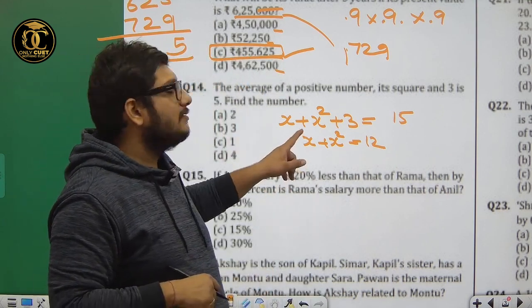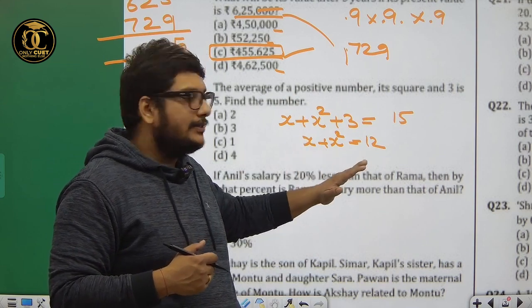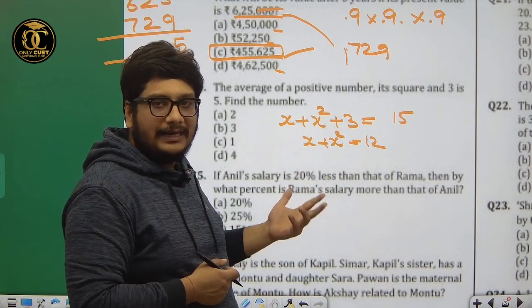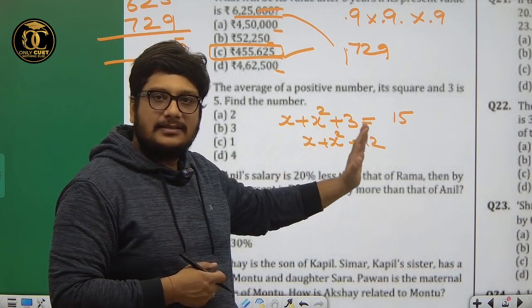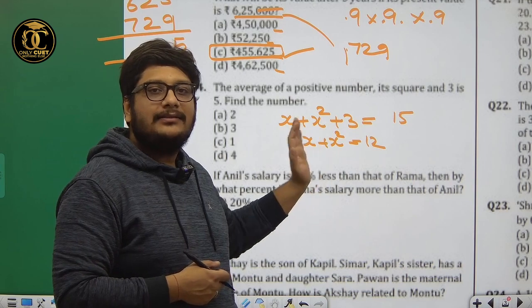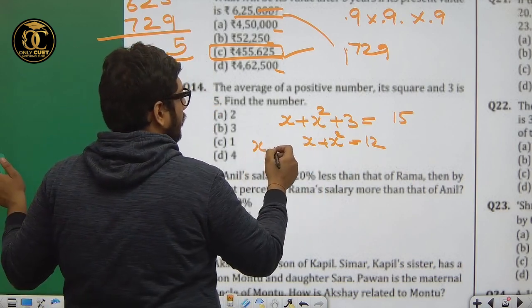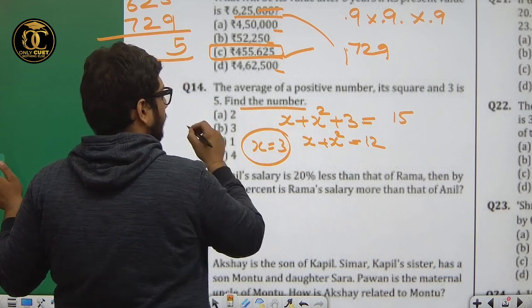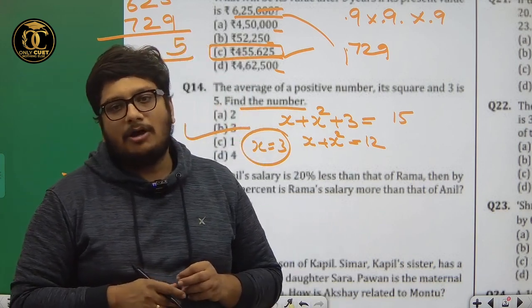If I put x as 1, 1 plus 1 square is 2, but LHS is not equal to RHS, so 1 is cancelled out. Let's try with 2. 2 plus 4 is 6. Again, LHS is not equal to RHS. Let's try with 3. 3 plus 9, 12. LHS equals RHS, so x is equal to 3. So I have to find the number. The number would be option B, 3.